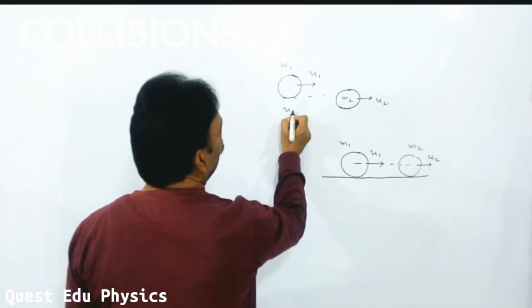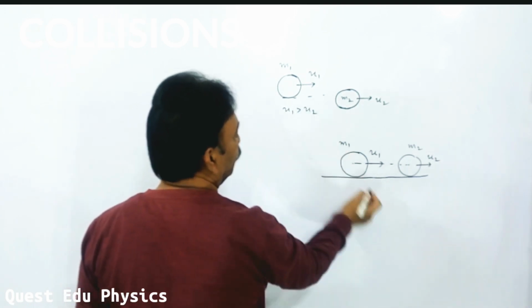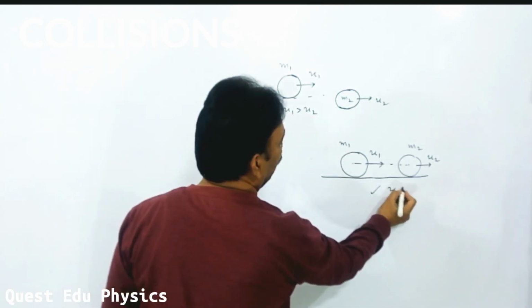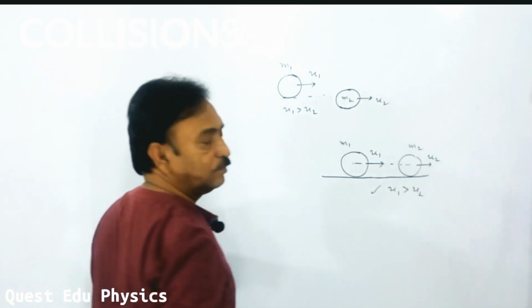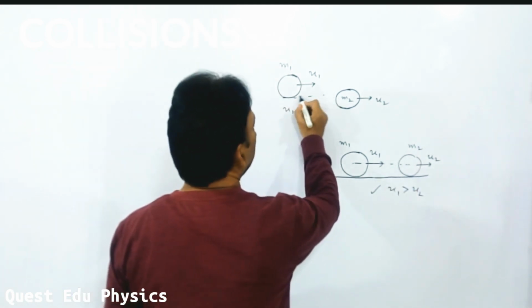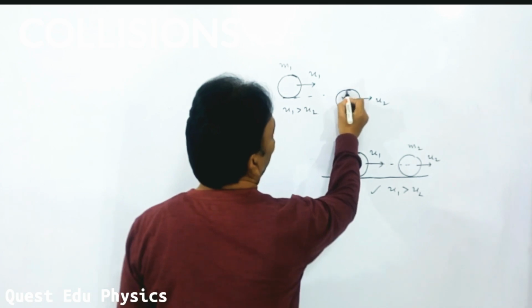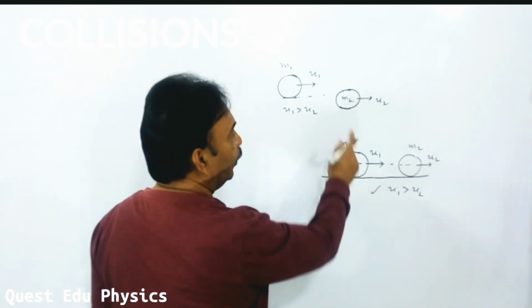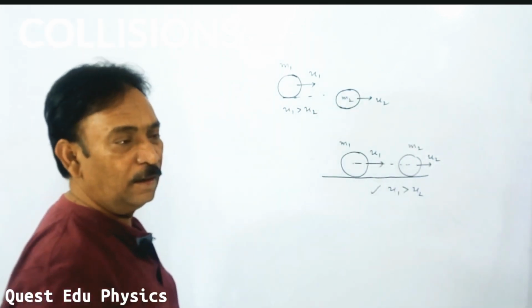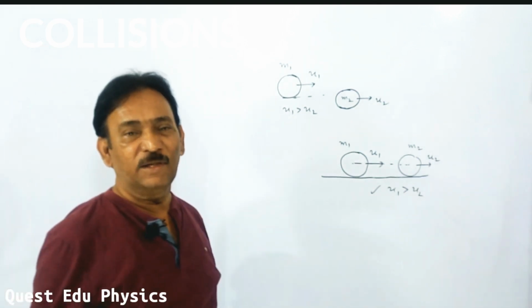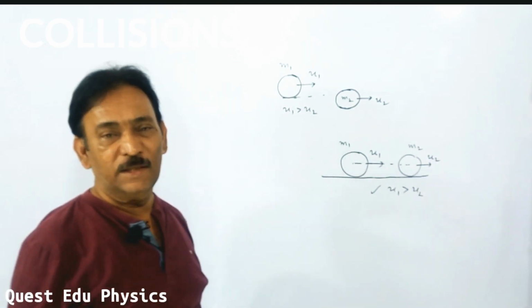Here also u1 is greater than u2. This body just brushes the edge of the other body. Because of that, they get deflected from each other, which means their paths have changed.